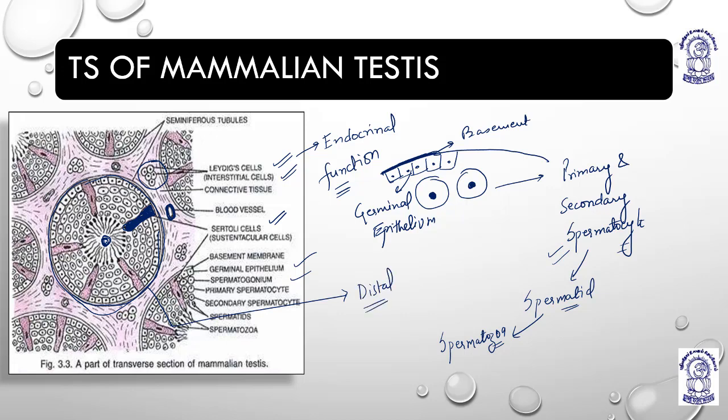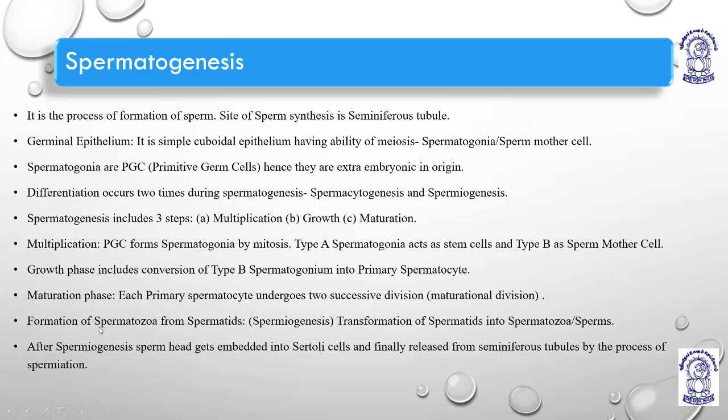So basically this is the spermatogonium, then primary spermatocyte, then secondary spermatocyte, then immature sperm, and then mature sperm. Is this understood? Now coming next, spermatogenesis. Now you will study the brief process of spermatogenesis, the different steps and all.